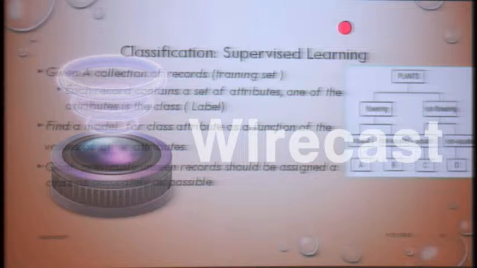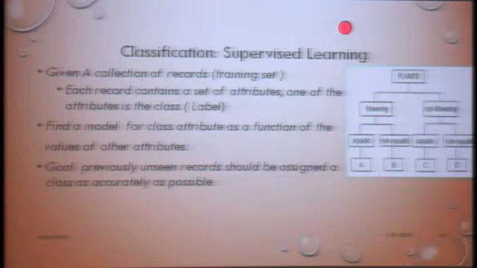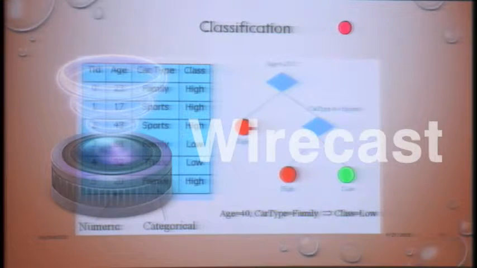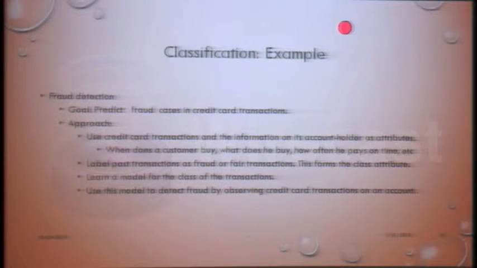The class or label is again an attribute, but we can find that attribute, the appropriate class, for an unknown sample or a test record. This is classification. We can apply classification in applications like fraud detection in credit card transactions. A person is going to get a credit card. What is the possibility that he will pay, that it is not a fraud, on the basis of his behavior?